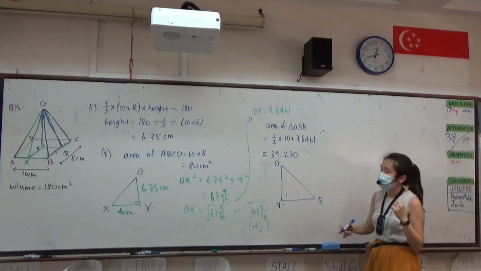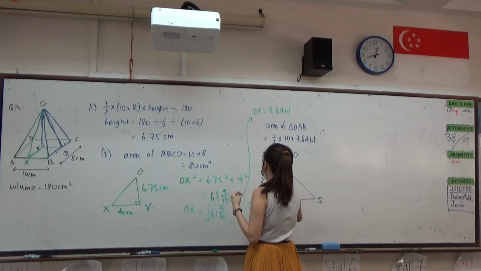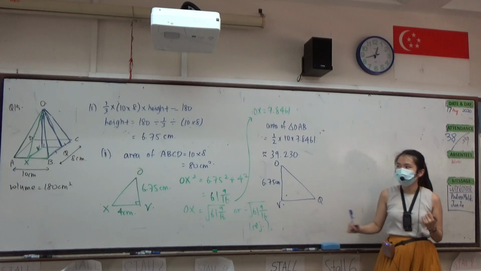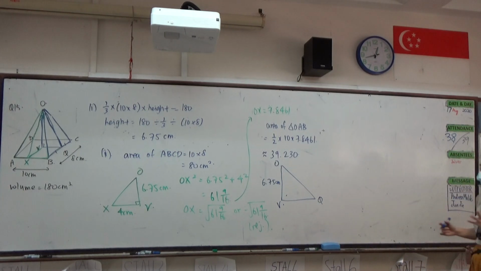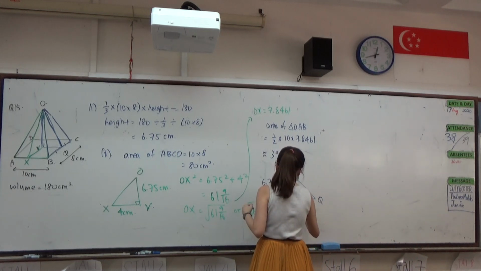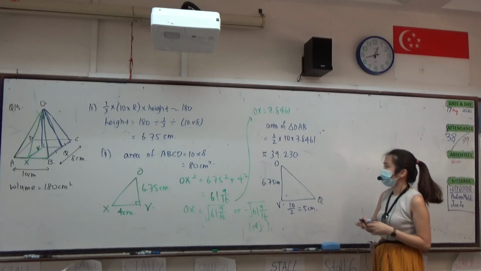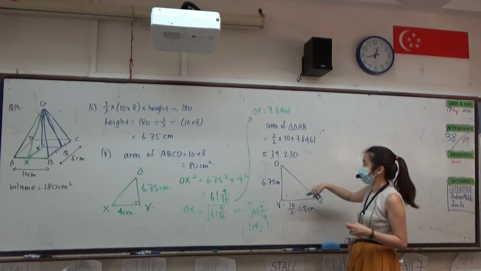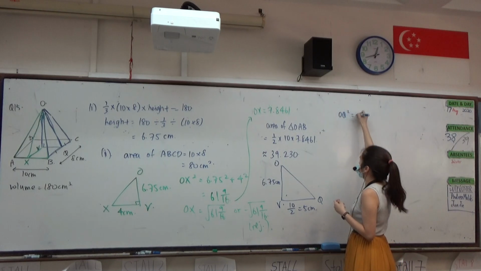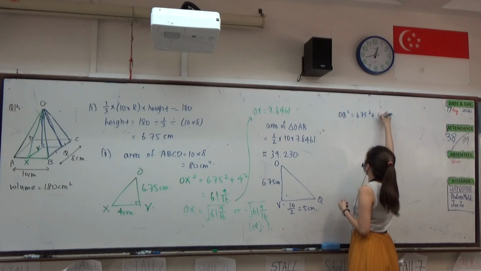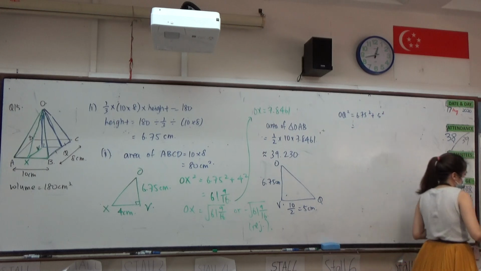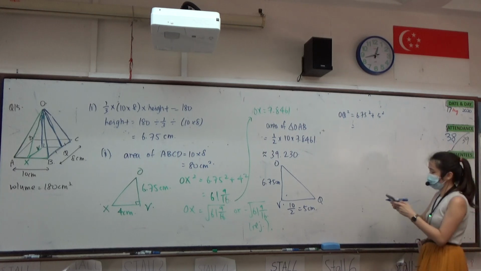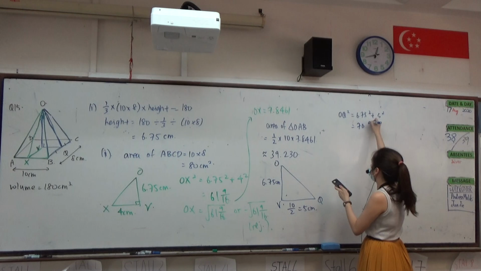Alright, so OV is the height, 6.75. What is the length of VQ? 5, because 10 divided by 2. Then OQ will actually be taking Pythagoras' theorem again. We get about 70 and 9/16.